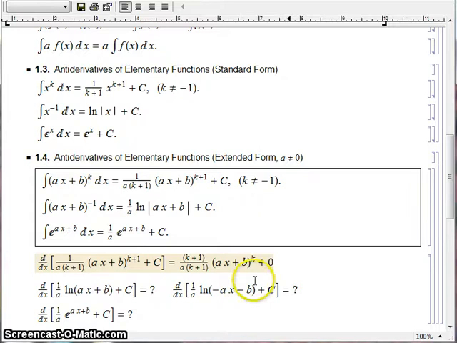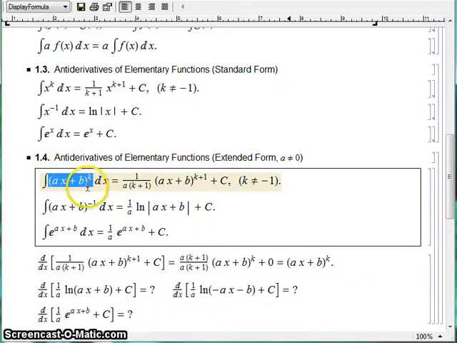That's not all. By chain rule, you have to multiply by the derivative of the inside. It's a linear function, so the derivative is just a. That's going to be multiplied here. So what did we end up with? A times k plus 1 divided by a times k plus 1 just cancel each other, and we end up with ax plus b to the k power, the integrand. We end up with the function we started from in the first place.